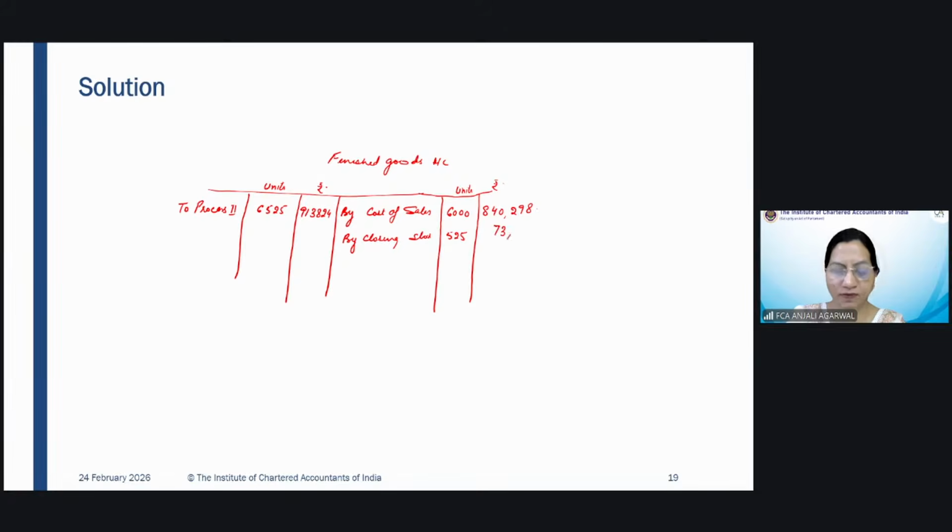So I'll round off to 73526. It's matching exactly, 913824. This is how you will prepare the finished goods account.